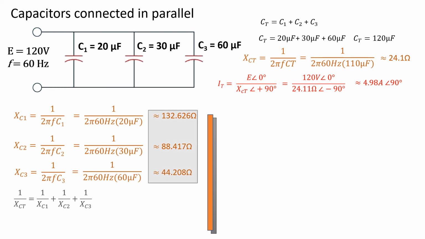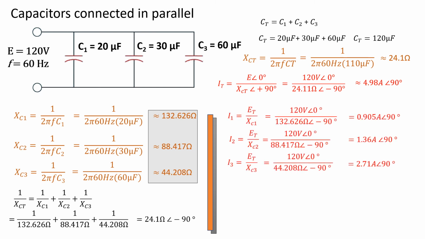Ohms in parallel, well, they add inversely. So if we take the reciprocal sum of each of the reactances, we get back to the total circuit reactance we calculated earlier. We know that currents add in parallel.